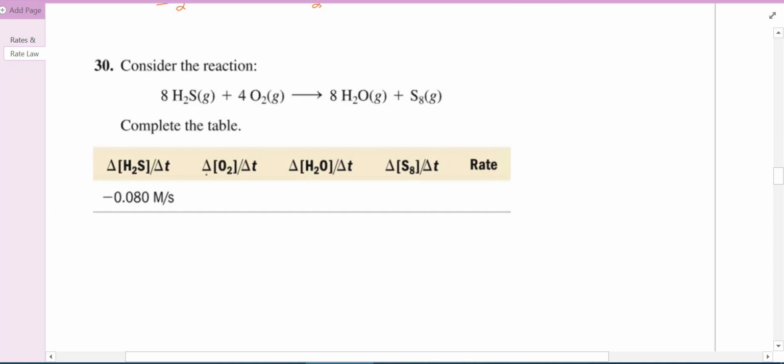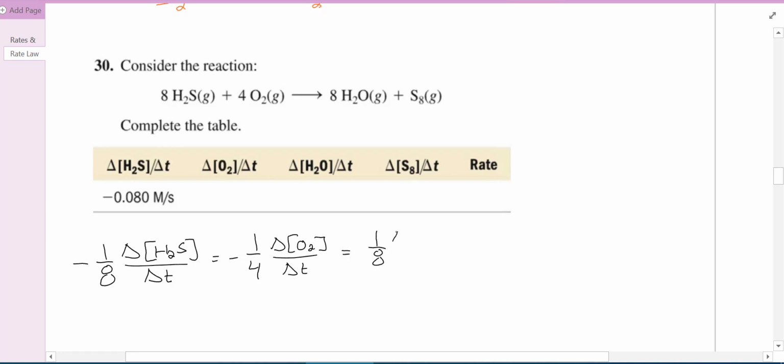So what I would recommend for 30 is, now these are reactants, so negative 1/8 the change in concentration of H2S over change in time equals negative 1/4 the change in concentration of O2 over change in time equals 1/8 the change in concentration of H2O over delta T, equals 1/1 the change in concentration of S8 over delta T, equals the rate.